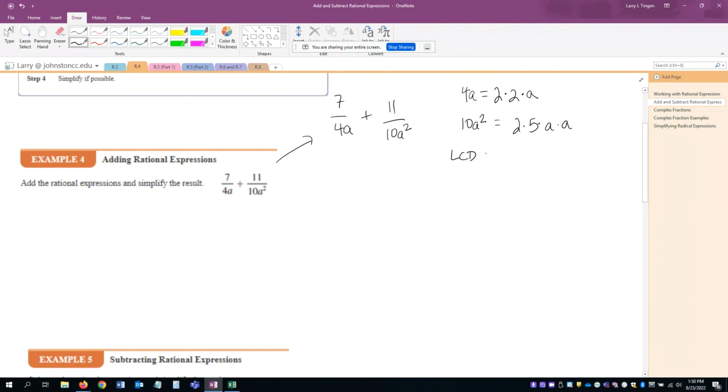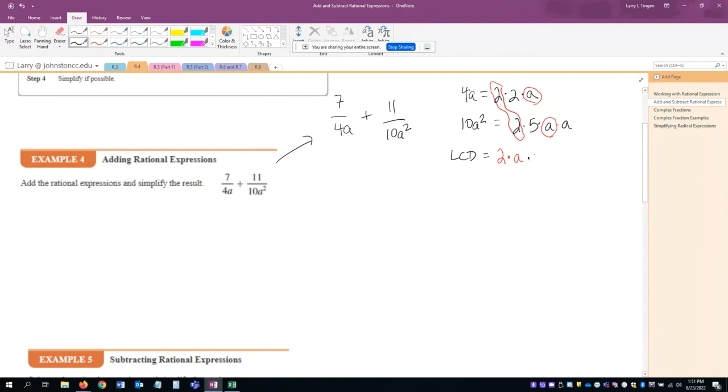If I want to find the LCD, what I do is any factor that appears in both or all of the denominators I'm looking at is multiplied once. So there's a 2 and there's an a in both of those. So I multiply by 2, I multiply by a, and then every factor that's left, I multiply by that once.